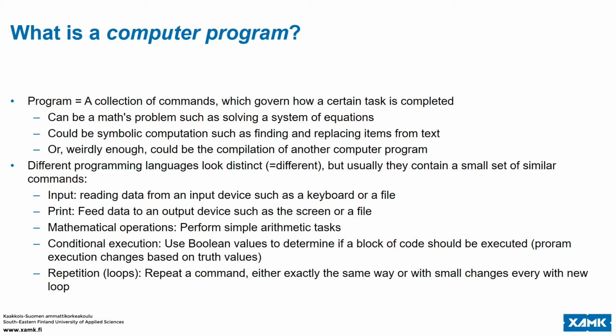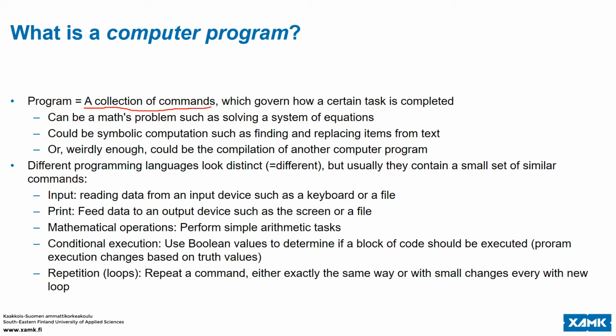So let's consider what a computer program actually is. In order to understand how it gets translated, we have to look at what it actually is. A computer program is a collection of code. So it's basically a collection of some program code commands which tell what the programmer wants the computer to do. It is a collection of commands that govern how some task is completed.